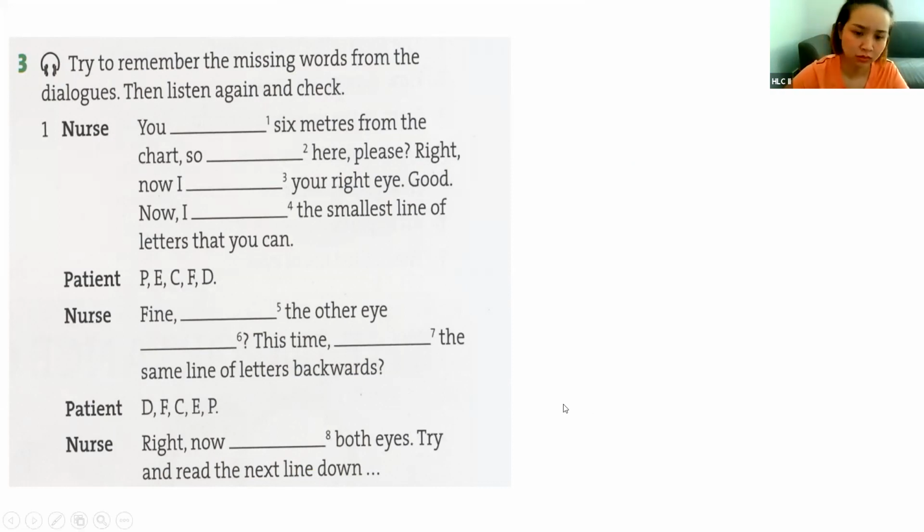Will you cover the other eye for me, please? This time, can you read the same line of letters backwards? D, F, C, E, P. Right. Now uncover both eyes. Try and read the next line down, but don't worry if it's difficult.